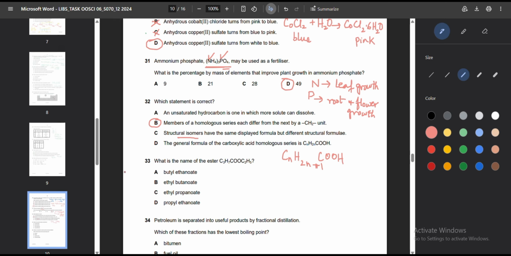Question number 33. What is the name of ester C3H7COOC2H5? Alright, now if I draw it, these are the 3 carbons with 7 hydrogens.